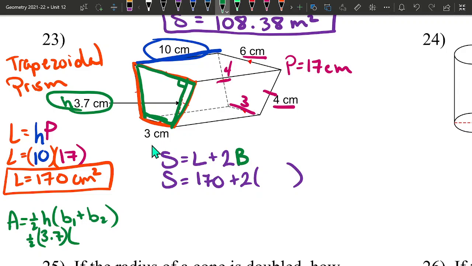And the sum of the bases, well, one of them is 3. And the one on the top, since it says 6 over here, then I know that this is also 6. So 3 plus 6 gives me 9. We have 9 times 3.7 gives me 33.3. And then I divide it by 2. So the area of the base is 16.65.